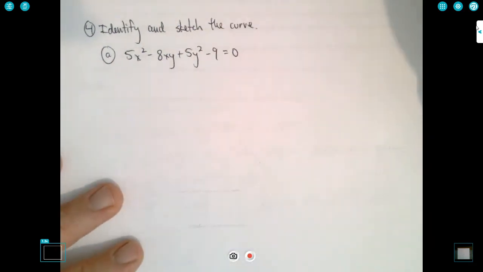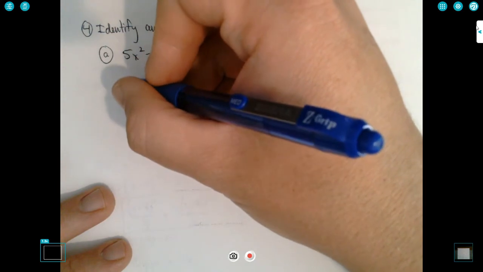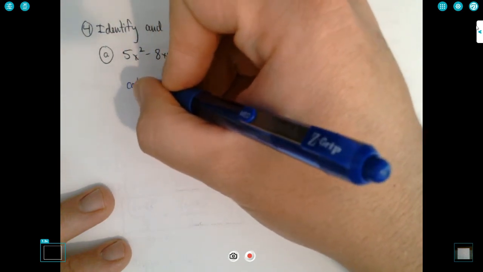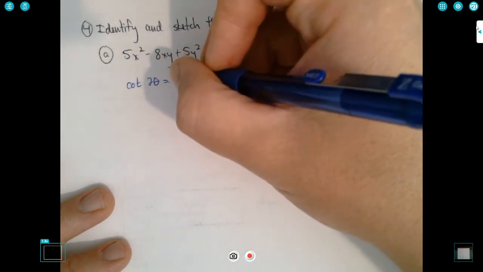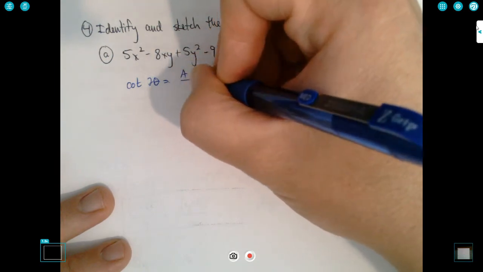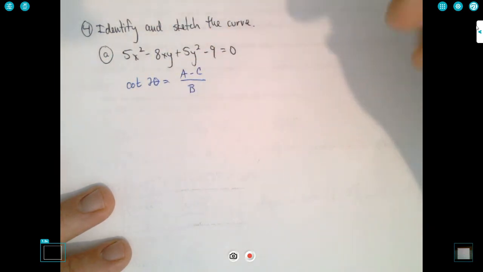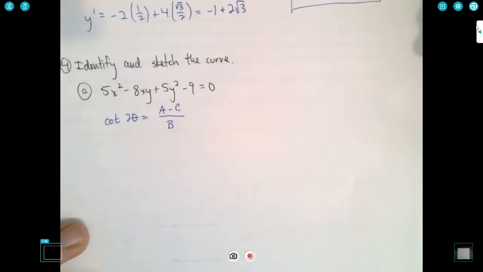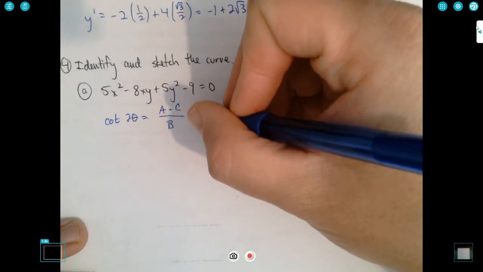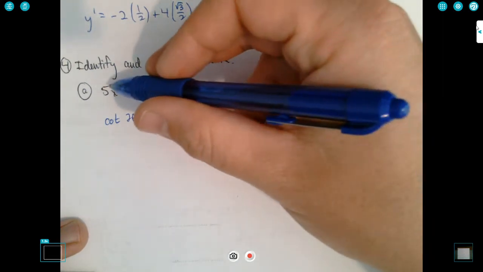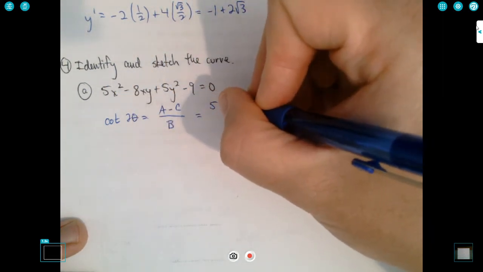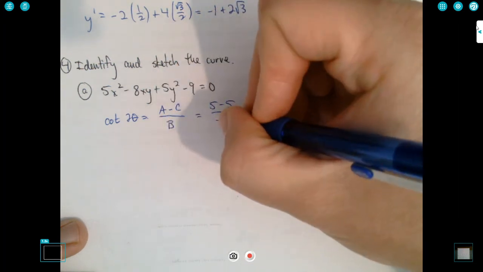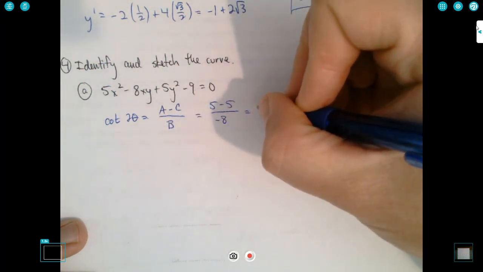So here we go. First of all, we need to find the angle of rotation theta, and that angle has to satisfy the equation cotangent 2 theta equals a minus c over b. Did I get that right? Yep, cotangent 2 theta equals a minus c over b. That would be 5 minus 5 over negative 8, which is just 0.